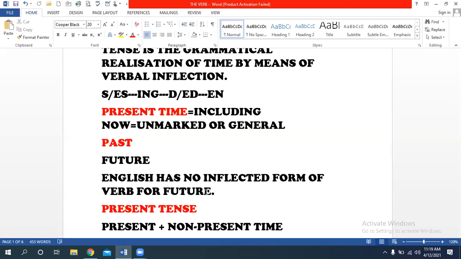Why? Because we have inflections for the present tense, we have inflections for the past tense, but we do not have inflections for the future tense. We identify the future tense with the use of will and shall. No inflected form like S, ES, or D, ED.